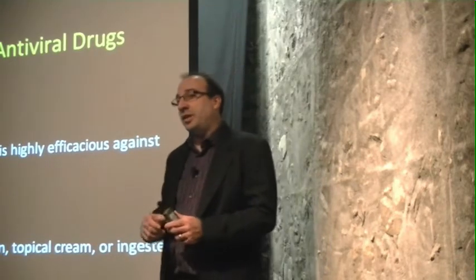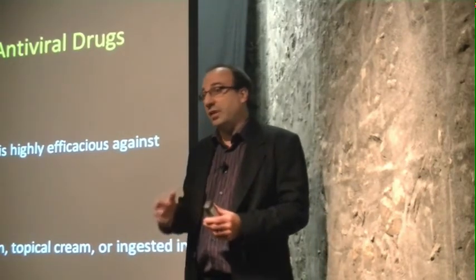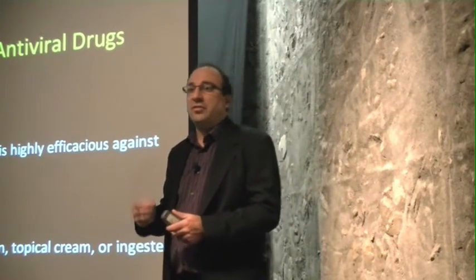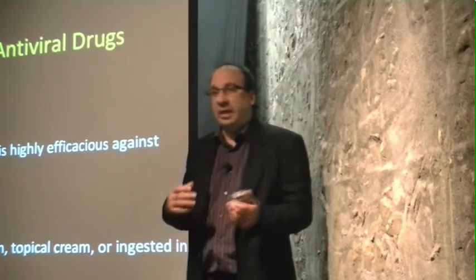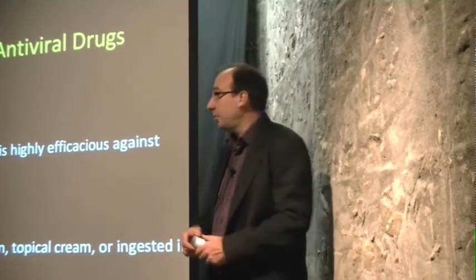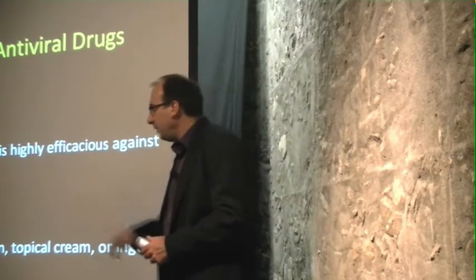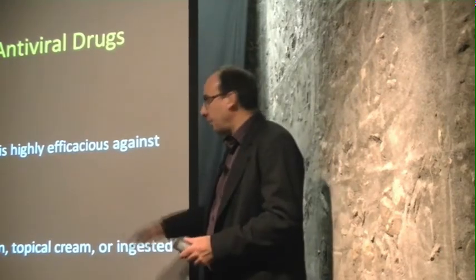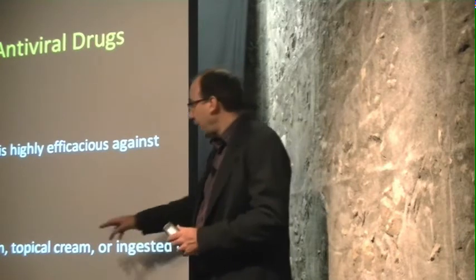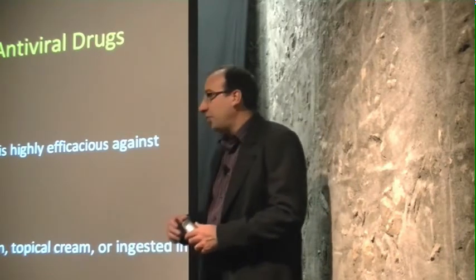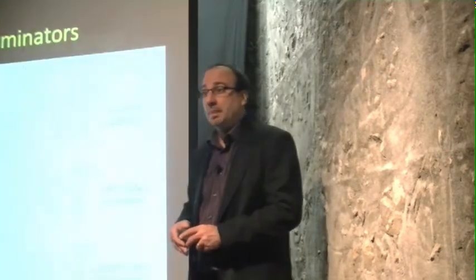Acyclovir is designed to treat herpes simplex virus infections. So HSV type 1 causes cold sores, HSV type 2 causes genital herpes. In 1974, acyclovir was discovered, and it can be delivered either through topical cream, ingestion, or in capsule form.